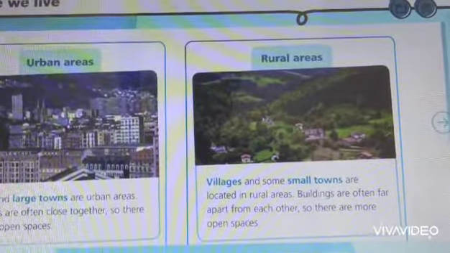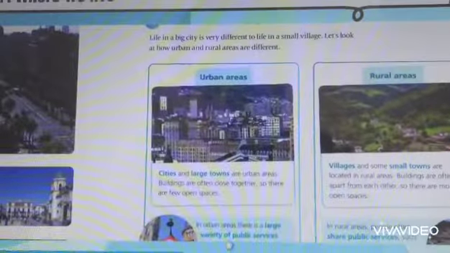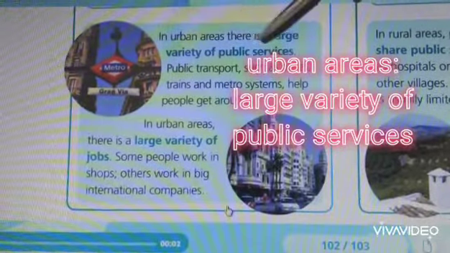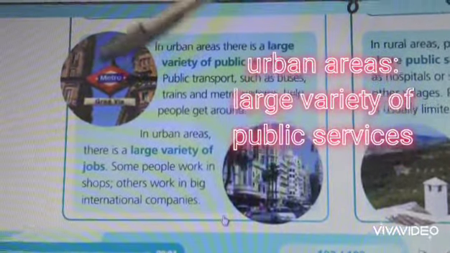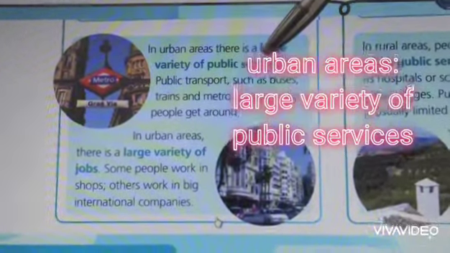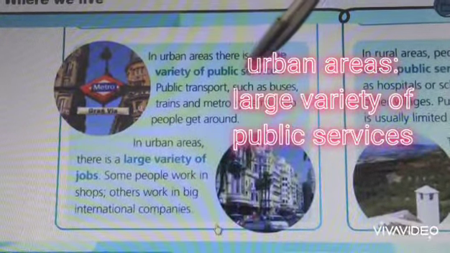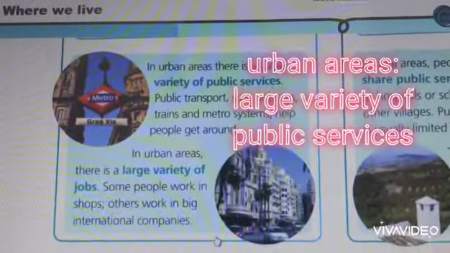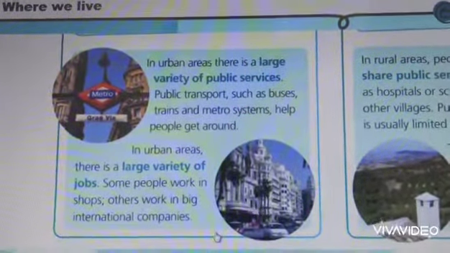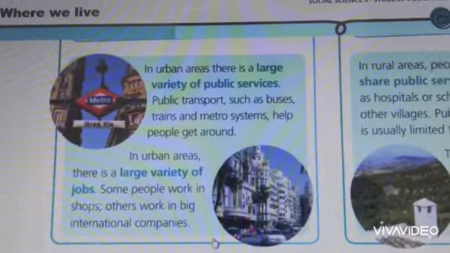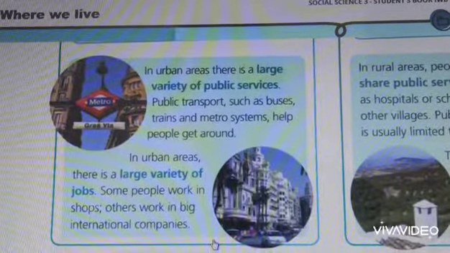Okay, paying attention to the urban areas and referring to public services, in the urban areas there are a lot of public services. There is a variety of public services, so you can see a lot of buses, trains, metro systems. This helps people to move around the urban areas.